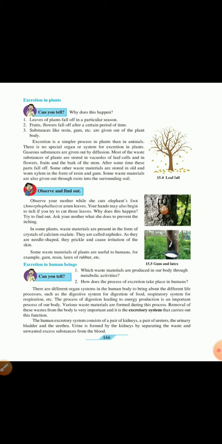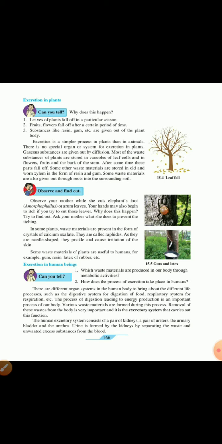Now, this excretion is a simpler process in plants than in animals. There is no special organ or system for excretion in plants. Gaseous substances are given out by diffusion. Most of the waste substances of plants are stored in vacuoles of leaf cells and in flowers, fruits, and bark of trees or stem.